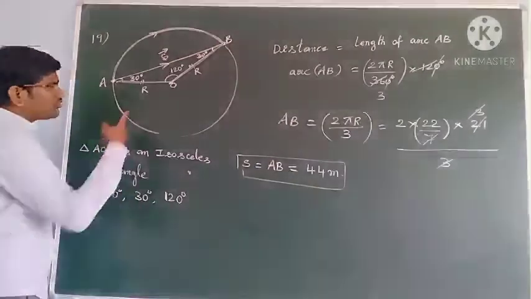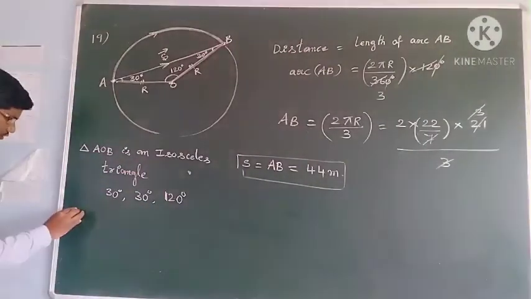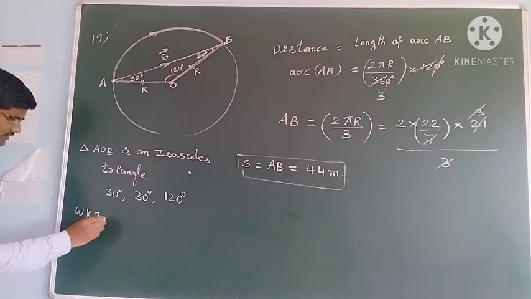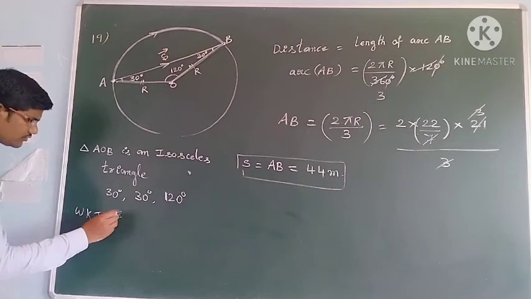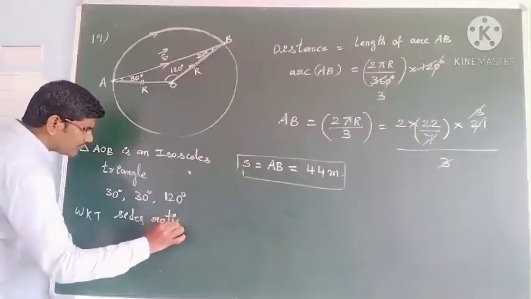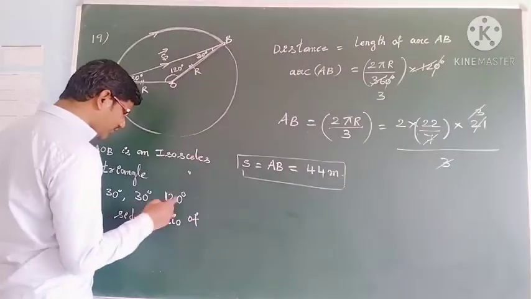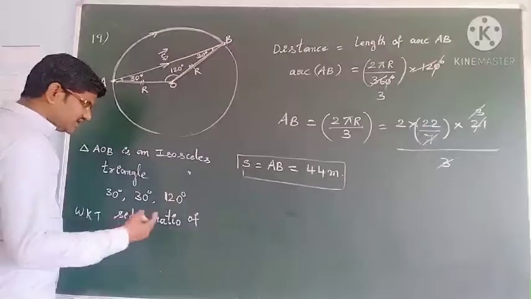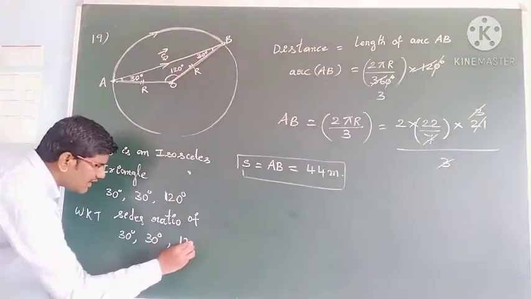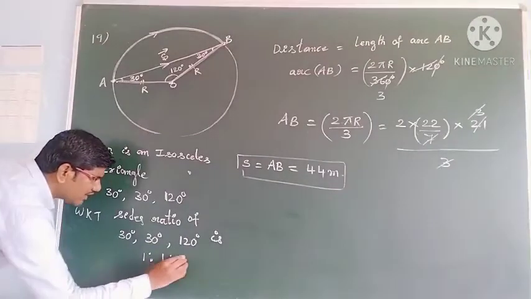So we know the sides ratio of a 30, 30, 120 degrees triangle. The sides ratio is 1 : 1 : root 3.